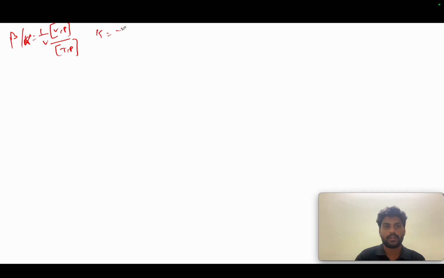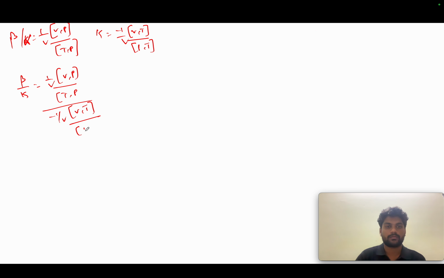For k, the equation is, now beta by k equal to 1 by p, so this will get cancelled. Equal to (v, t).